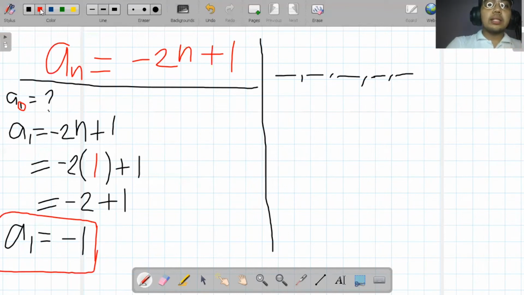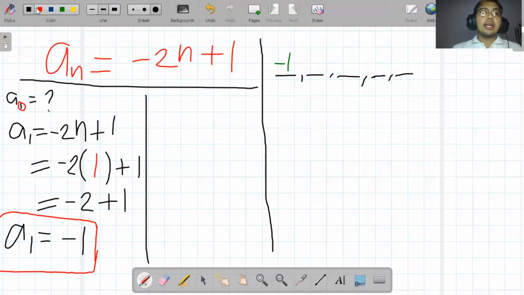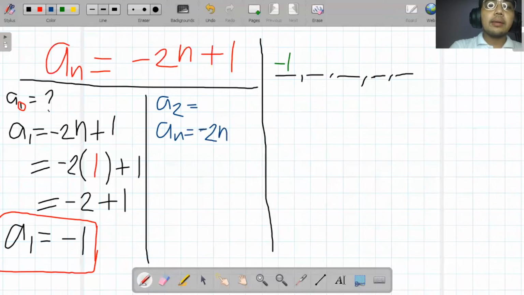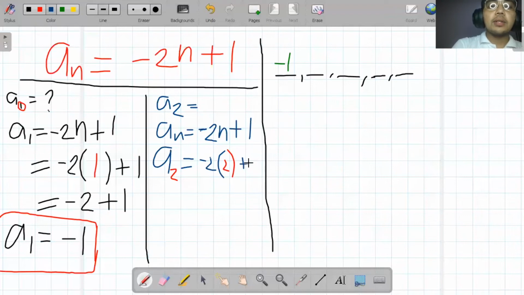So, I will just write it in my answer. I have negative 1. That is a sub 1 only. There are 5 terms, so let us continue. Let us go to a sub 2. What if a sub 2 is what we are looking for? So, a sub n equals negative 2n plus 1. Again, you substitute. For a sub 2, our n is 2. And then, copy the negative 2. Then you have, again, replace n with 2, and then plus 1.